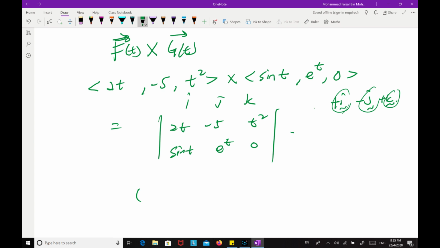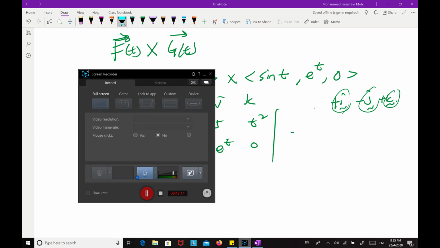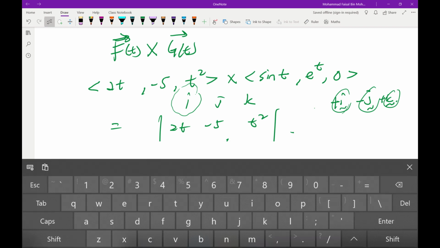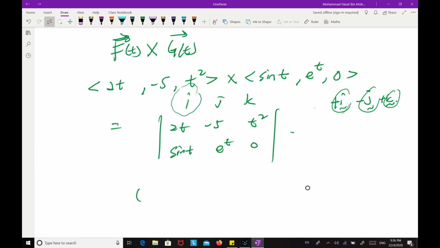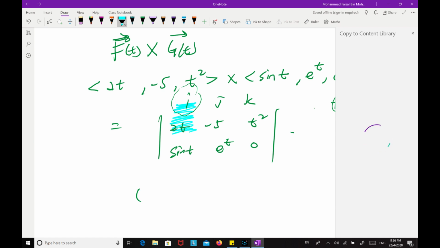Let me show. You close the first row and column and then you find the determinant. So I will close this for i, and then I find this determinant.